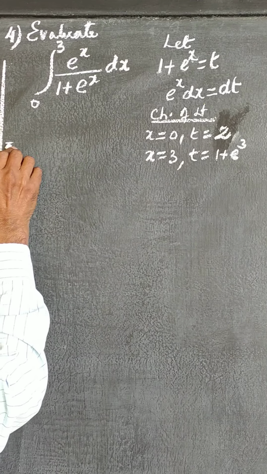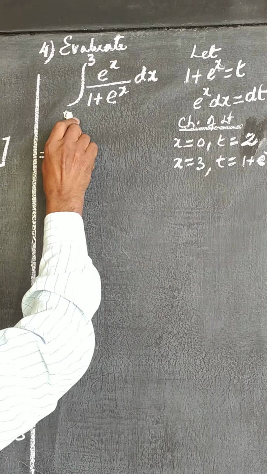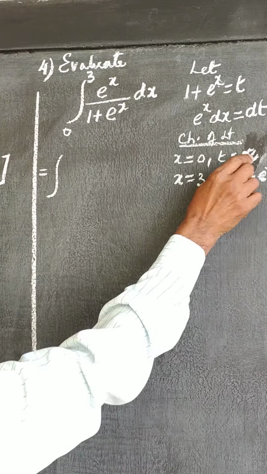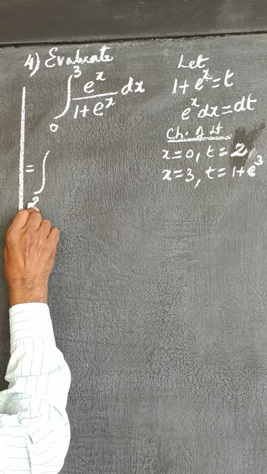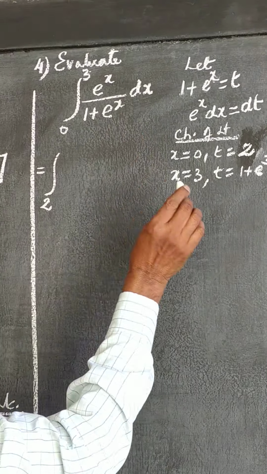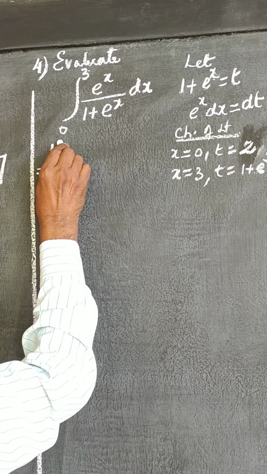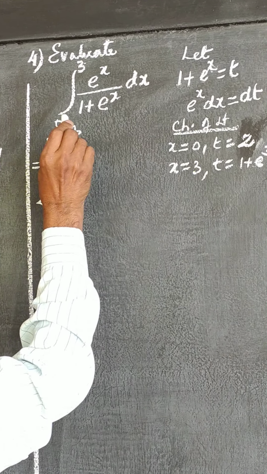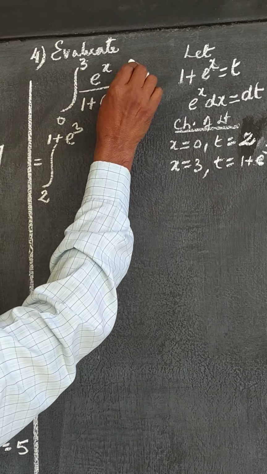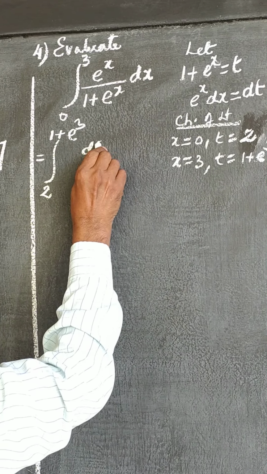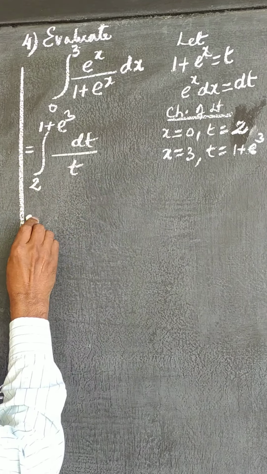Now this integration becomes, instead of 0 for x, you get 2 for t. And instead of 3 for x, you get 1 plus e cube for t. And therefore e to the power of x dx becomes dt by t. Now it is quite easy.